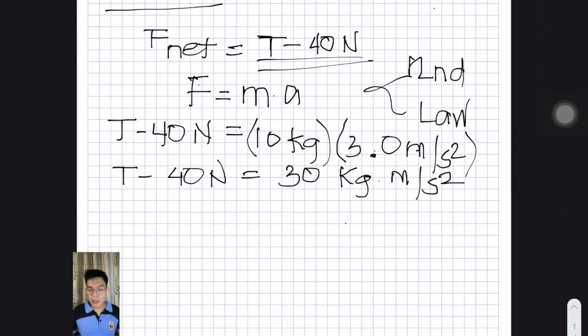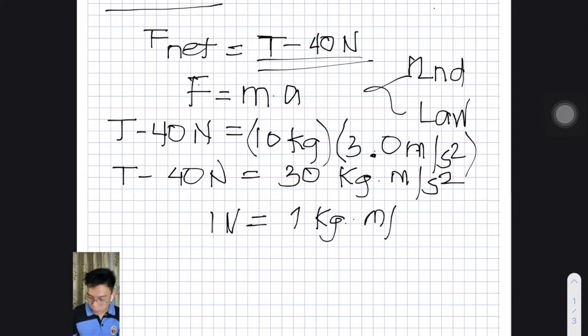In our previous discussion, we also understood the equivalent unit. The equivalent unit for 1 newton is equal to 1 kilogram multiplied by meter per second squared. We are familiar with this. This is what we call the equivalent unit.